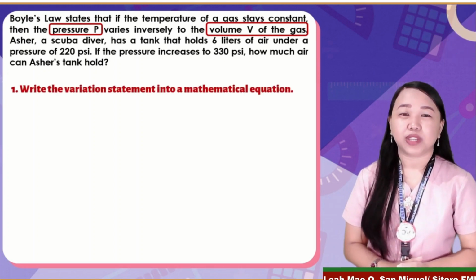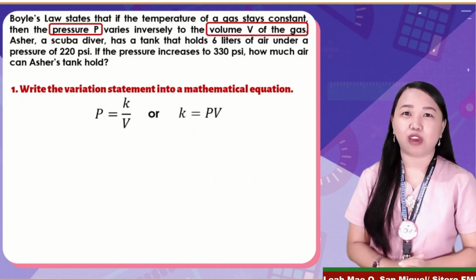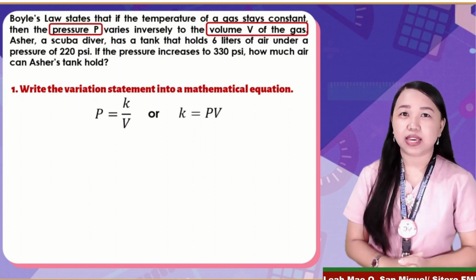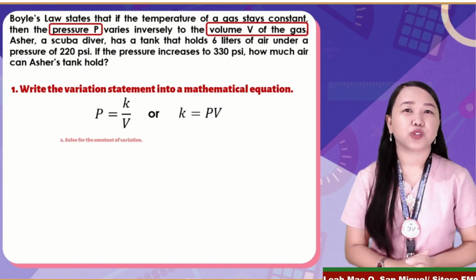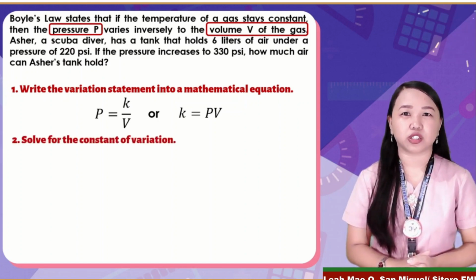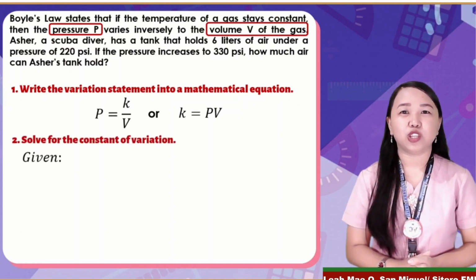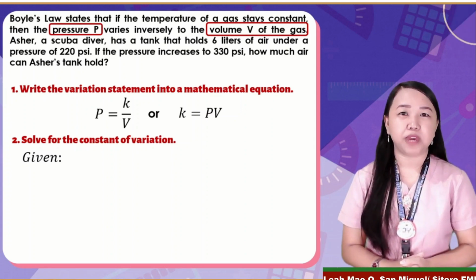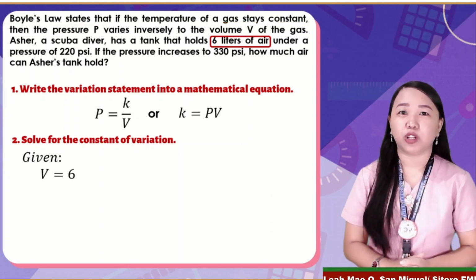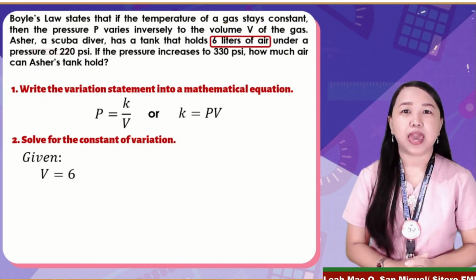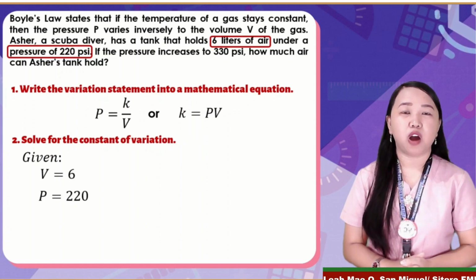Very good. It's P is equal to K over V, or K is equal to PV. Next, solve for the constant of variation. We can use K is equal to PV to solve for K. The given are V is equal to 6 and P is equal to 220.